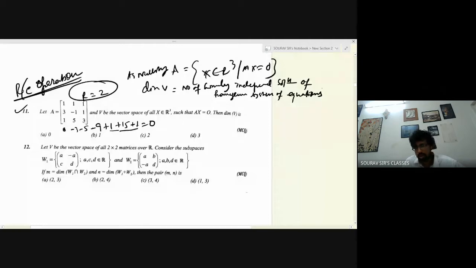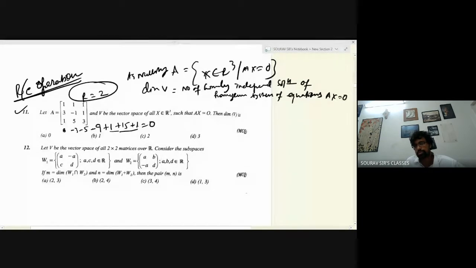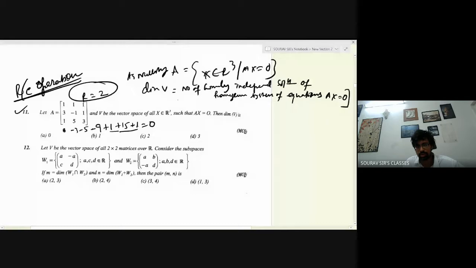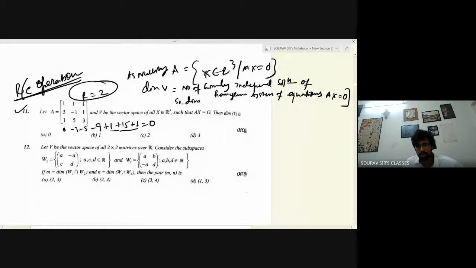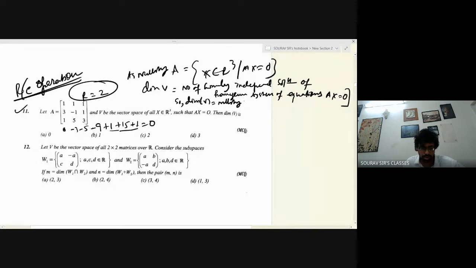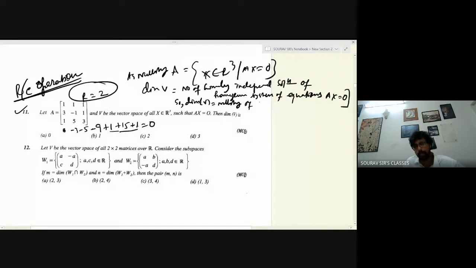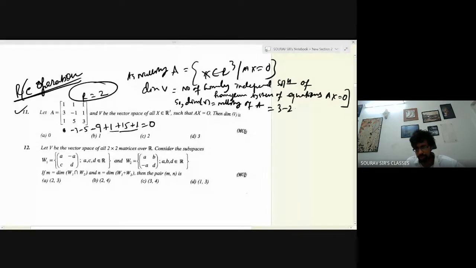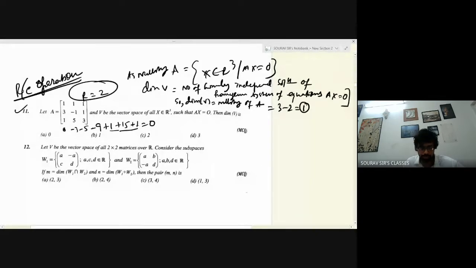Clear? In Ax equal to zero, Ax equal to null matrix. So here dimension equal to nullity of A. So dimension equal to 3 minus 2 equal to 1. Okay. Obviously this is the correct answer.